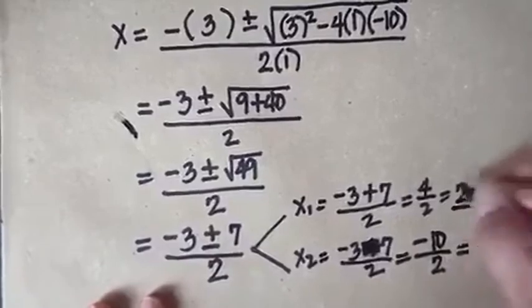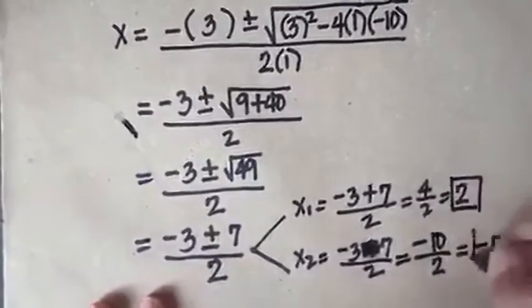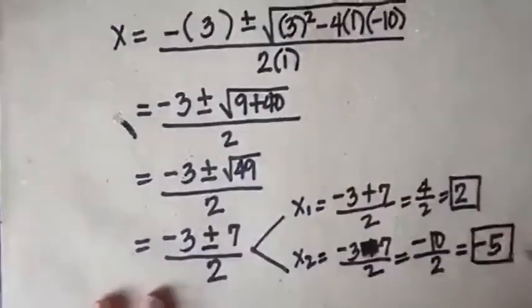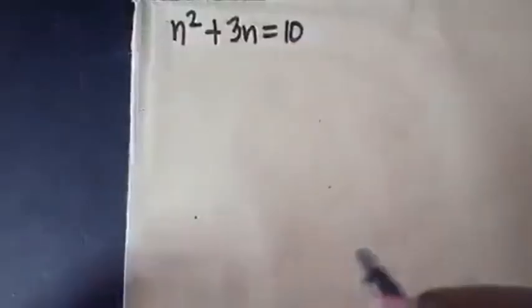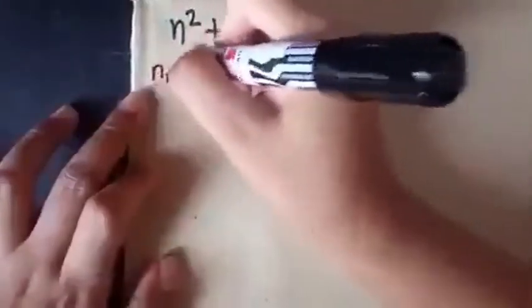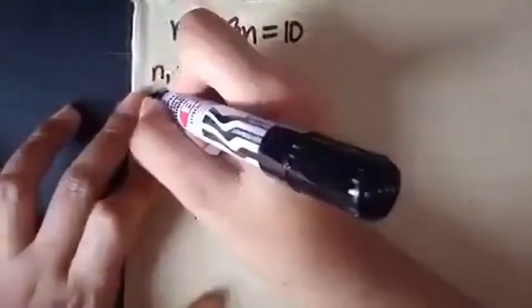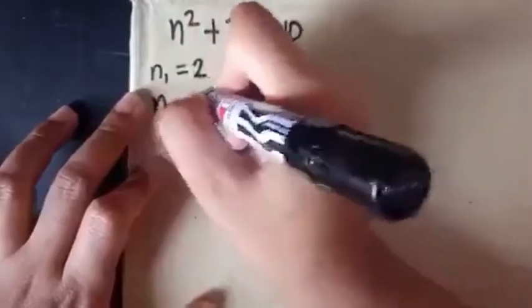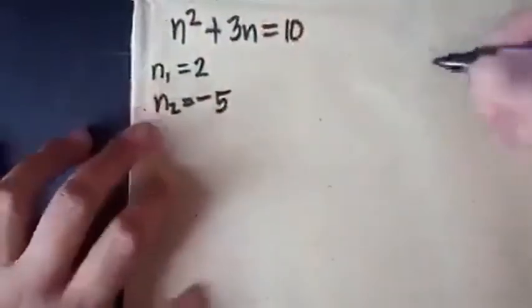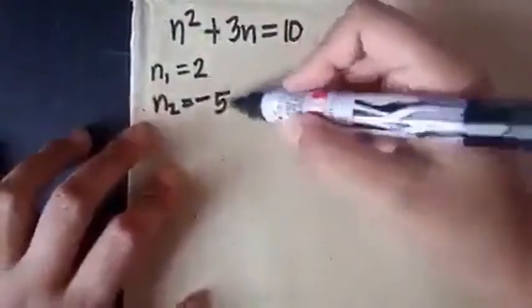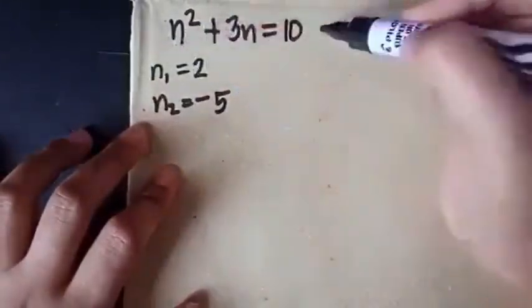So, therefore, we have 2 and negative 5 as the values of our x. So, i-check natin kung both n, 2, and negative 5 are real solutions. Okay? So, i-substitute natin yung mga values dun sa original equation.